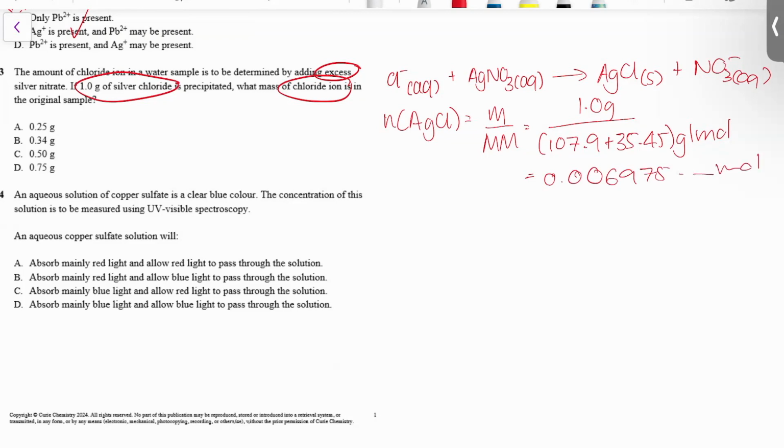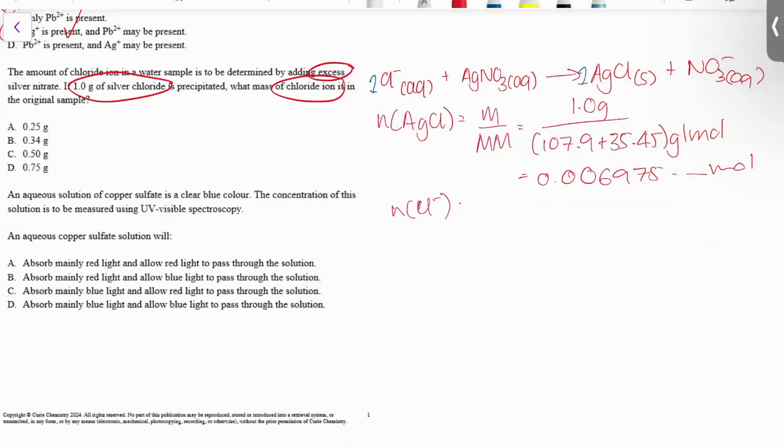And then it's a 1-to-1 ratio. 1 here, 1 here. So the moles of Cl minus is the same. Moles of AgCl is 0.006975 mole.